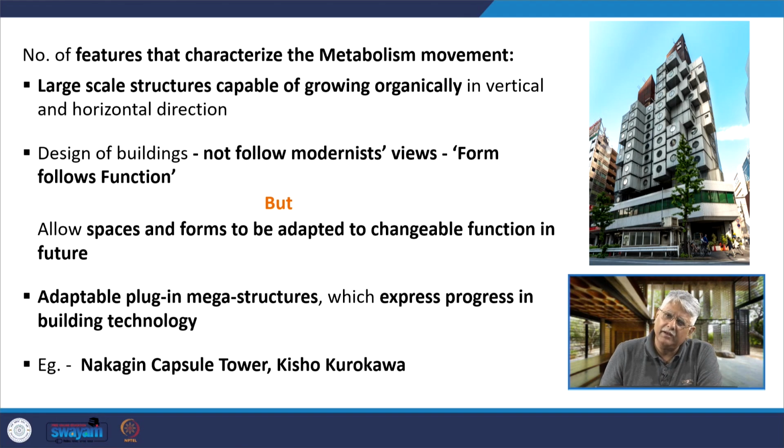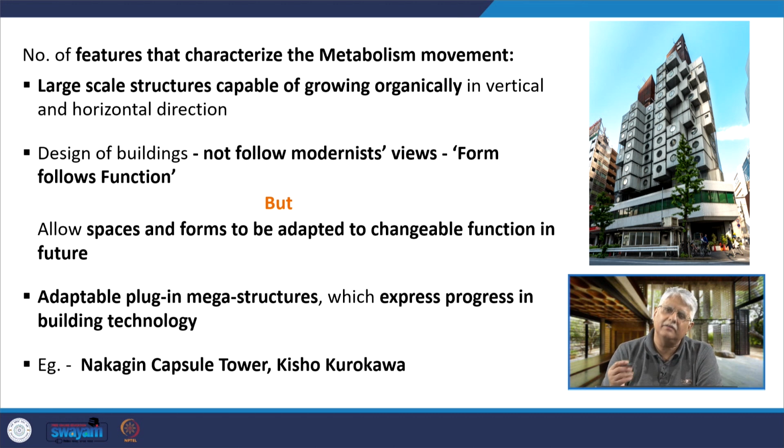Practically, I do not think it ever really happened. The design of buildings was not to follow the modernist view of form follows function, but to allow spaces and forms to be adapted to changeable function in the future, with adaptable plug-in megastructures which express progress in building technology.